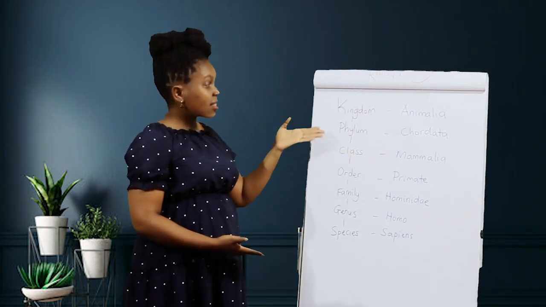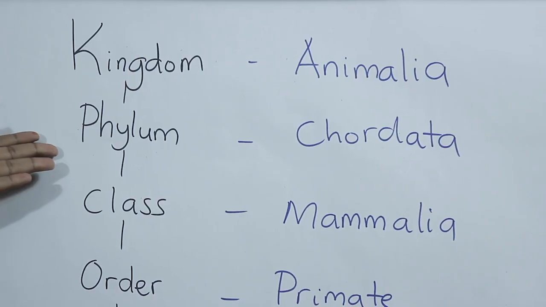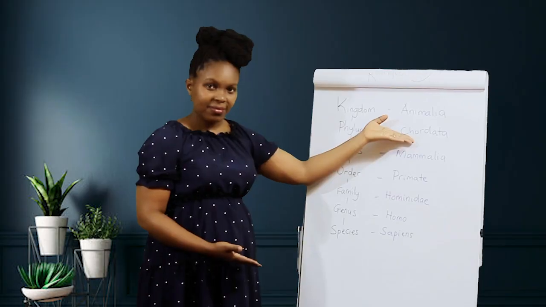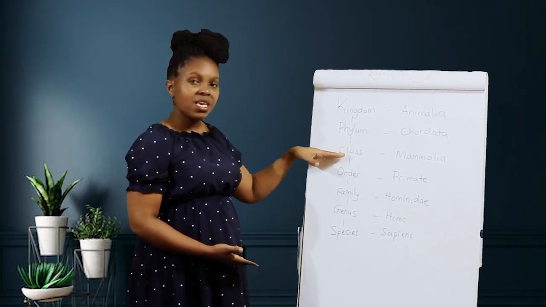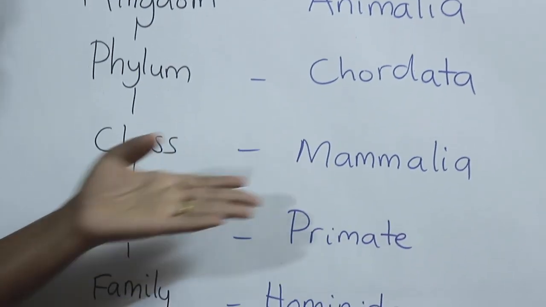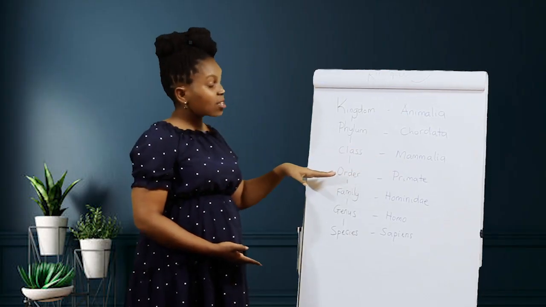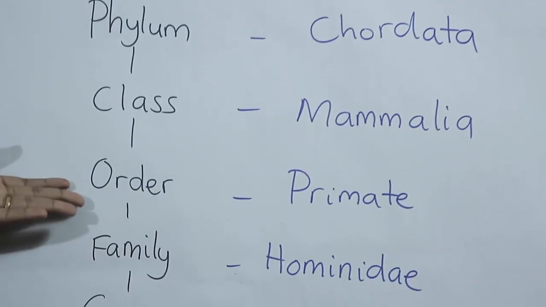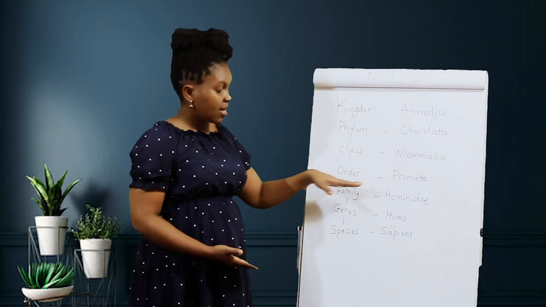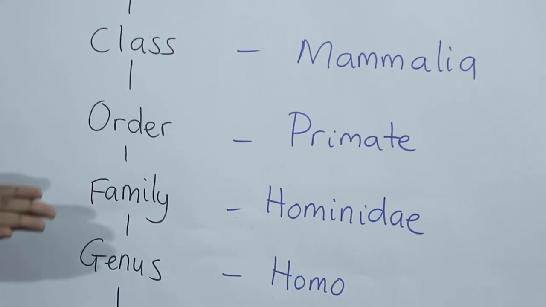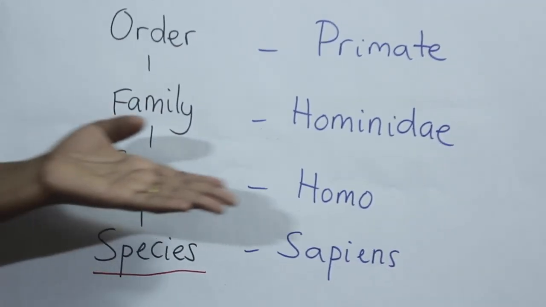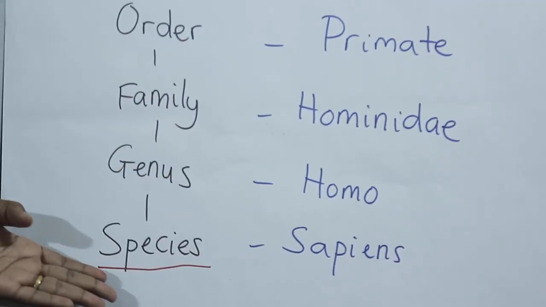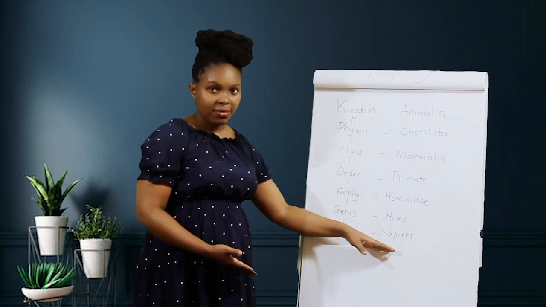And then, the human being belongs to the phylum Chordata. At a lower level, which is the class level, the human being is in the class Mammalia. And the human being is in the order Primate. The human being is in the family Hominidae, the genus Homo, and the species Sapiens.